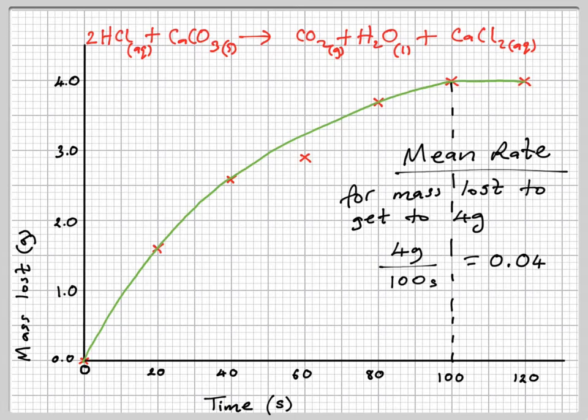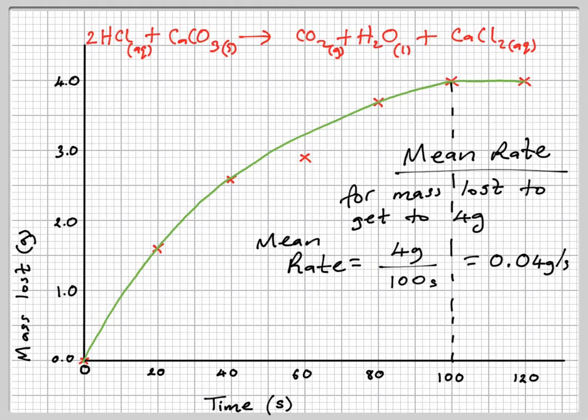So to find the mean rate, it's simply the mass lost divided by the time taken. And that gives you 0.04. Your units are going to be in grams per second because your mass was in grams and your time was in seconds. This is just an average rate of reaction.